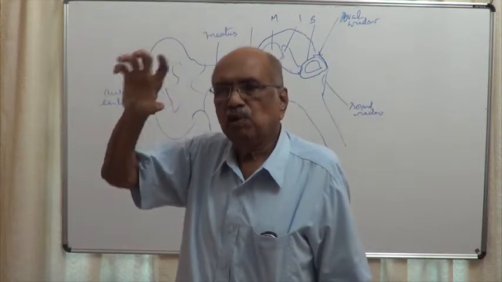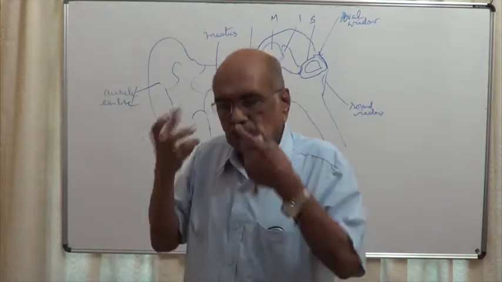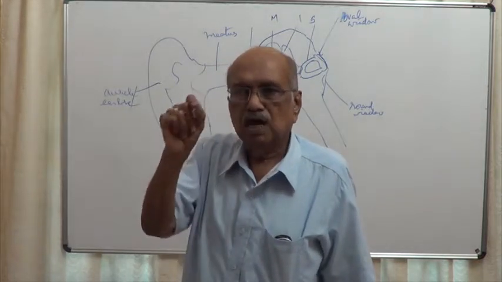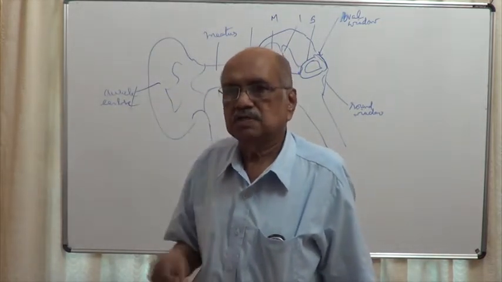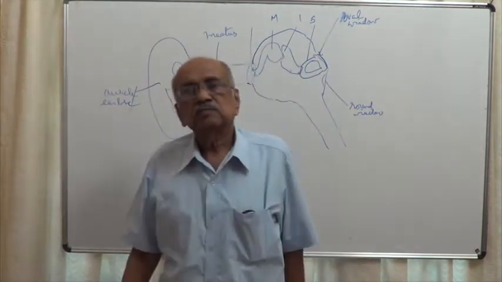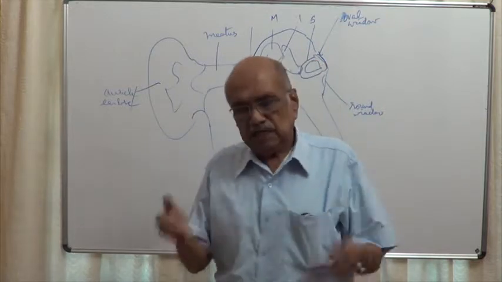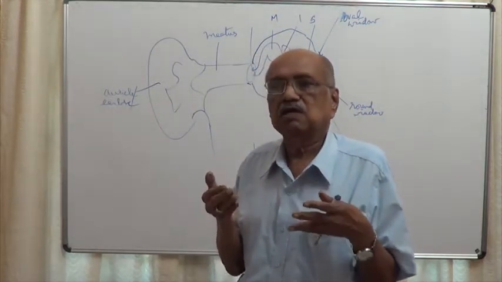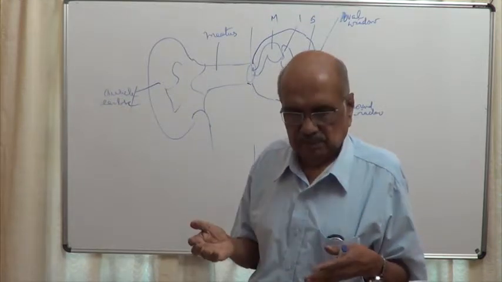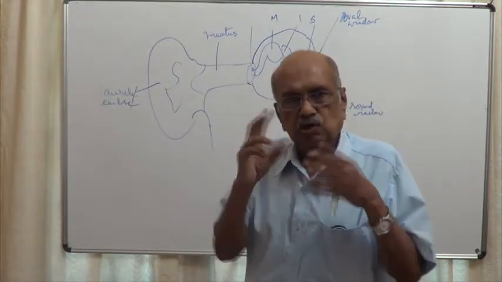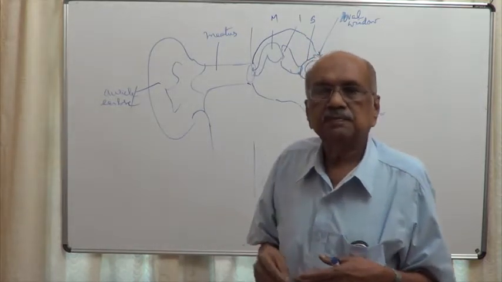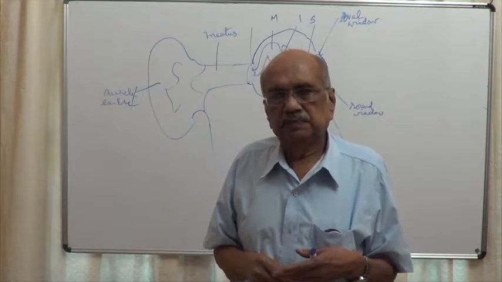And the whole bony area enclosing the membranous, tubular, vesicular components, these are floating in the fluid. The fluid in which these components are floating is the perilymph. Perilymph. The tubular and the vesicular components also contain a fluid inside them, that is endolymph.